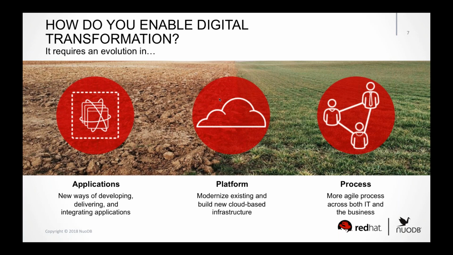Existing infrastructure isn't exactly built to deal with this, so we want to change how we create our platforms to enable apps to be deployed faster. And then the process of how these teams work together. Isolated, siloed teams cannot really do this that well. So DevOps is obviously an integral part of digital transformation. Next slide.